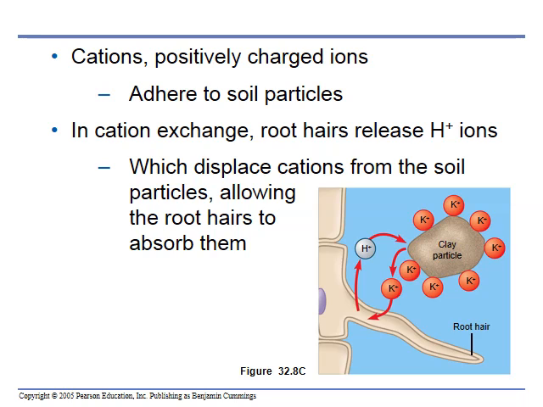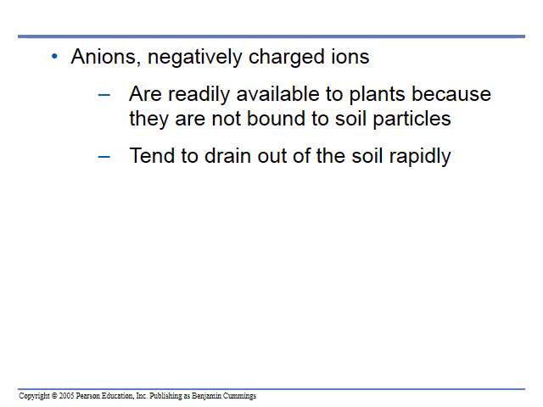When we look at cation exchange, the root hairs release the hydrogen ion, and that displaces the cation from the soil, allowing the roots to absorb them. So you saw that they needed potassium in those guard cells. Well, this is a way that they get the potassium out of the soil. Anions are negatively charged ions, and they are readily available to plants because they are not bound to soil particles. So the hairs can just literally pick them up easily.